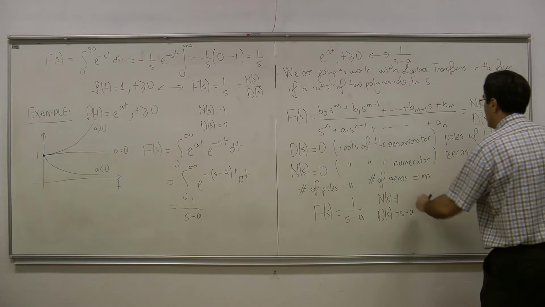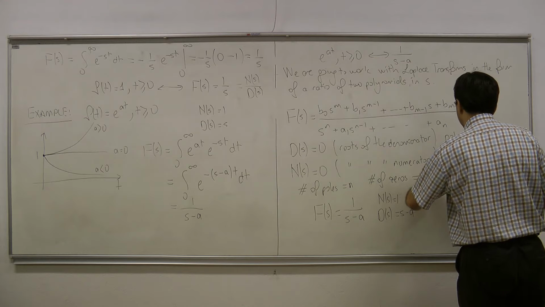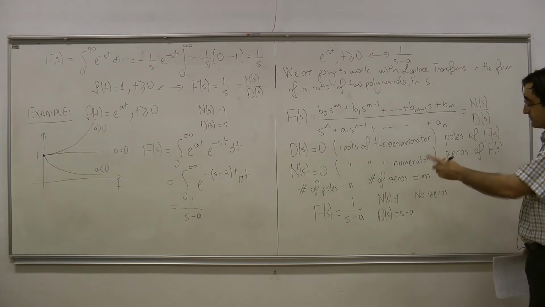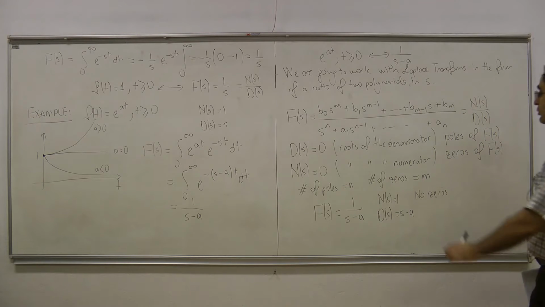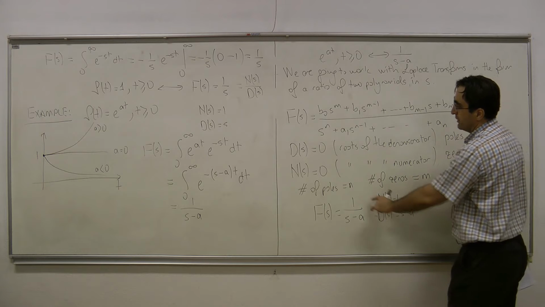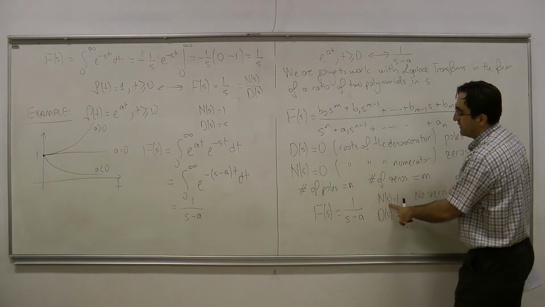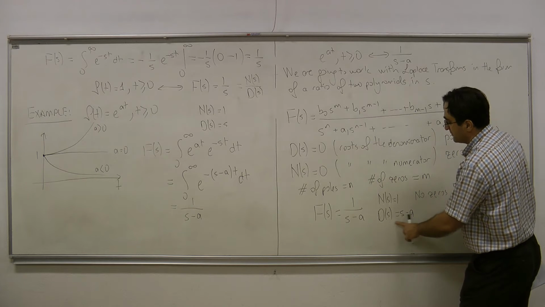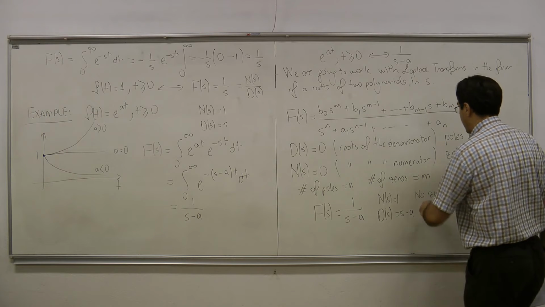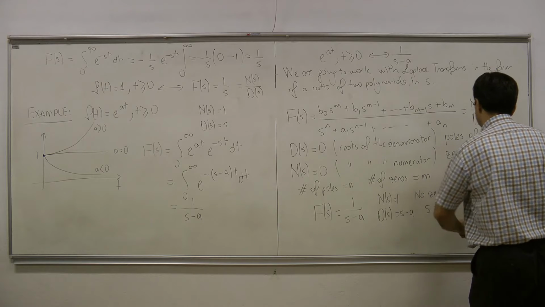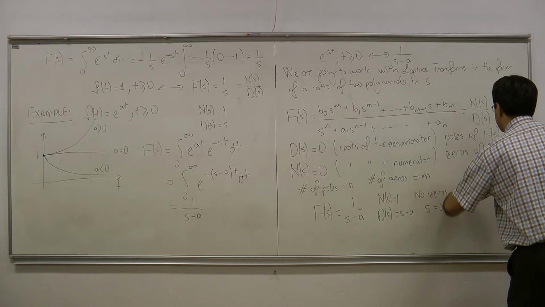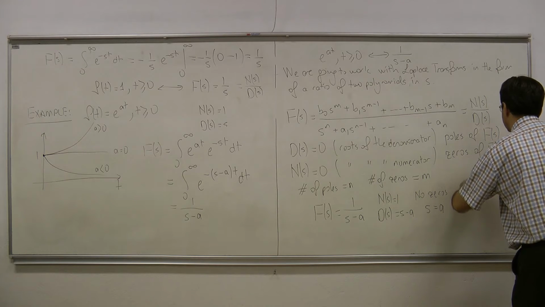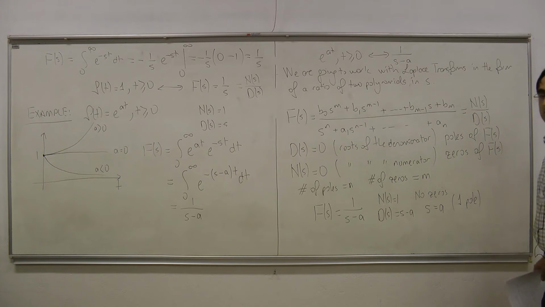Therefore I would have no zeros for this Laplace transformation, because the numerator polynomial is never equal to 0 for any value of s, but the denominator polynomial becomes 0 when s is equal to a. So this Laplace transformation has one pole.